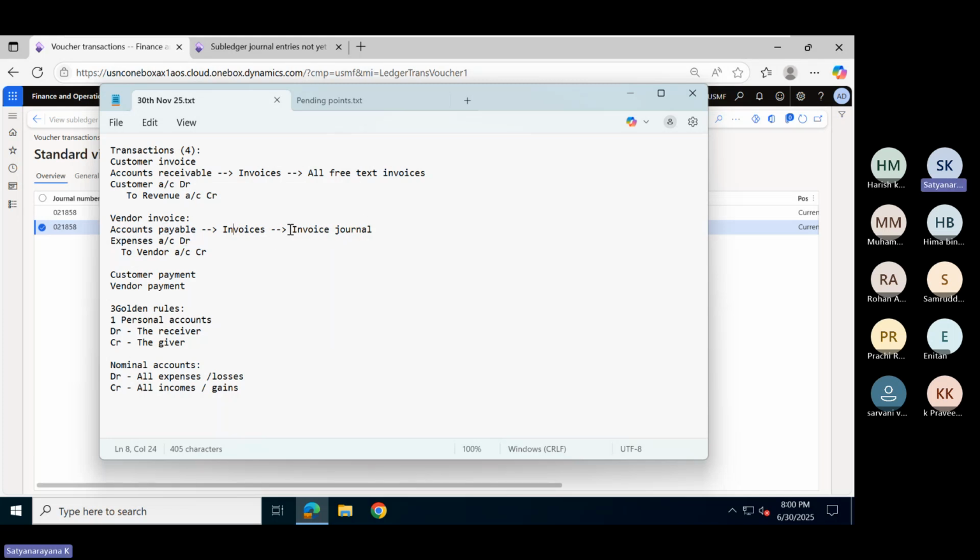Accounts payable, invoices, invoice journal. So at the time of vendor invoice, it is expenses account debit to vendor account credit. In these three golden rules, the first and second golden rules we understood and have applied at the time of invoicing.